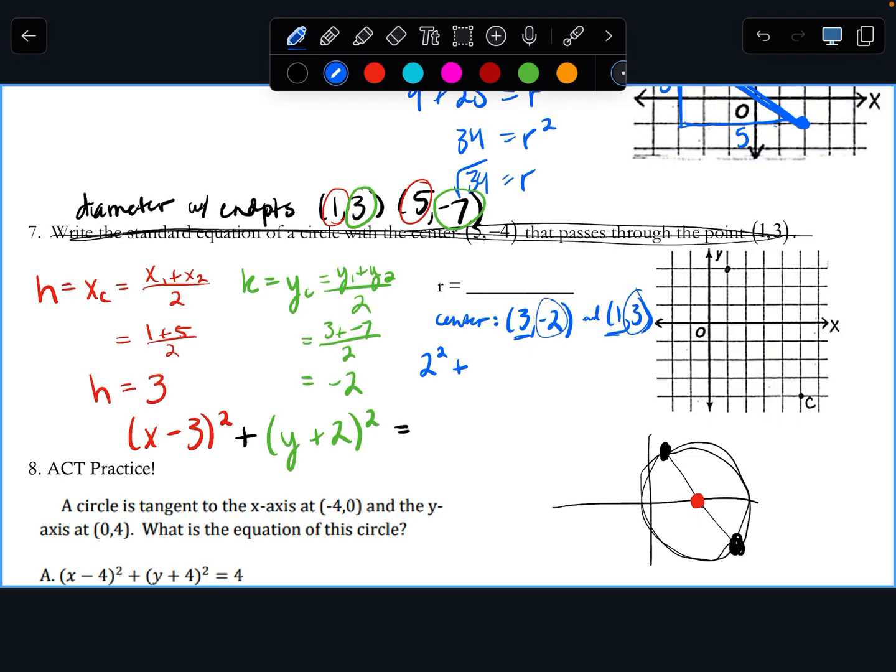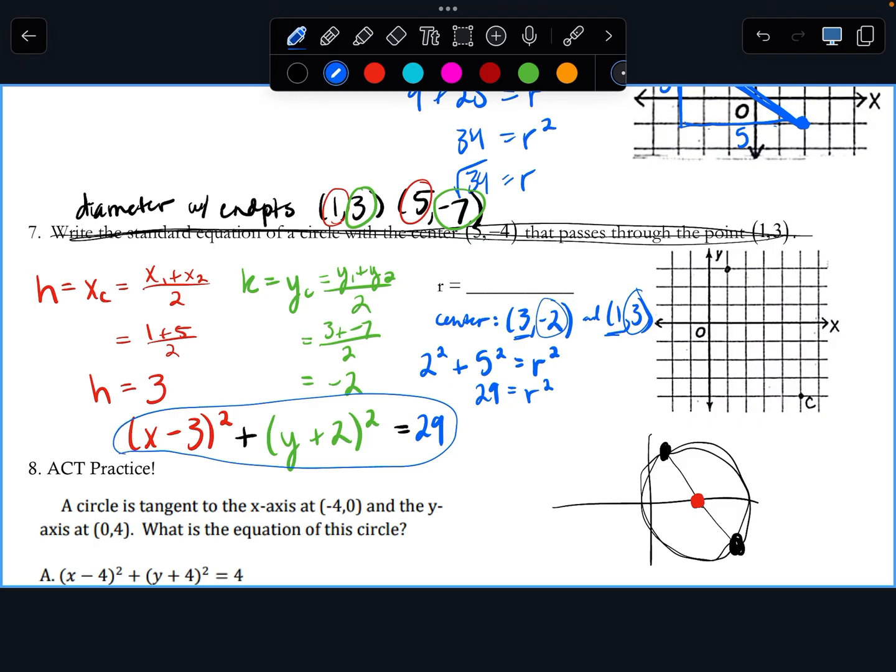The difference of y's, negative 2 to 3, is 5. So I did 3 to 1 is 2, negative 2 to 3 is 5, and then my radius squared is 4 plus 25, so 29.